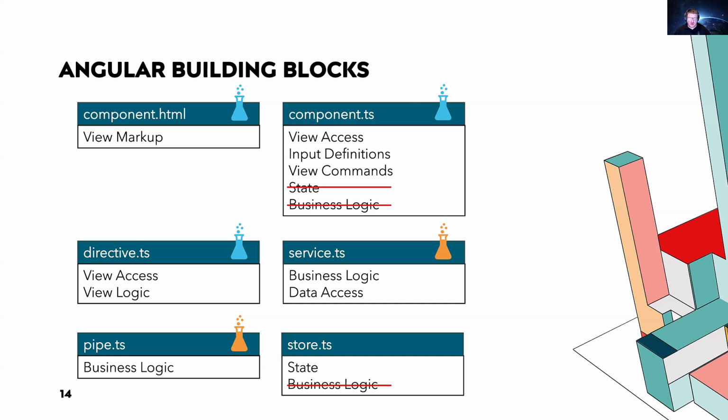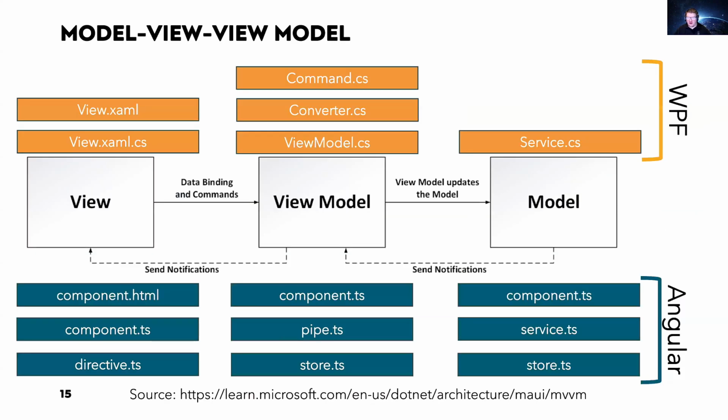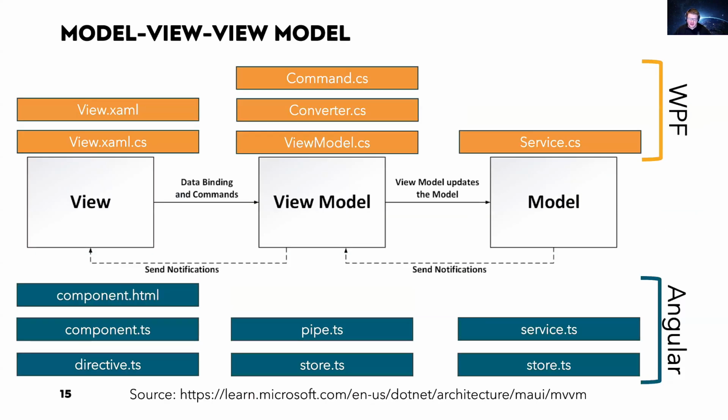And it's not like there's no tests at all on the store. The store will easily be covered by application-wide integration tests. Going to the MVVM diagram, that takes components out of the view model and model because it doesn't have any of that logic anymore. And it takes stores out of the model for the same reason.